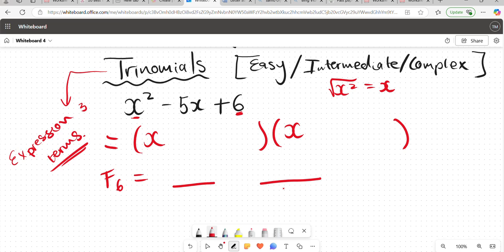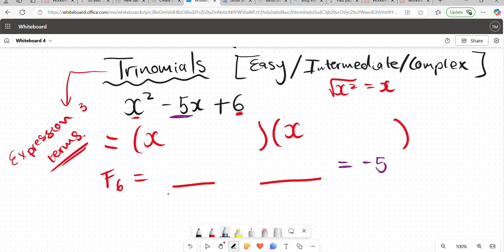So we have like what? 4 lists of factors that could possibly be there. But which ones am I looking for specifically? I'm looking for the ones that are going to add to give me a -5. So I'm looking for the factors of this last term that are going to add to give me the middle coefficient that you see there.